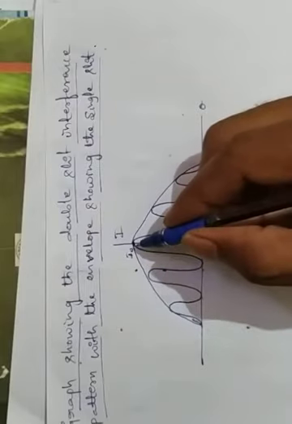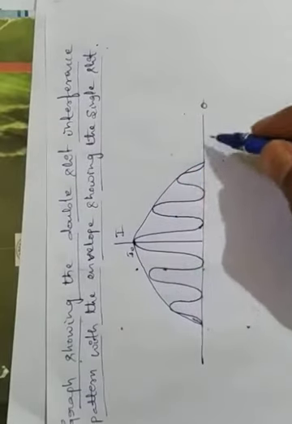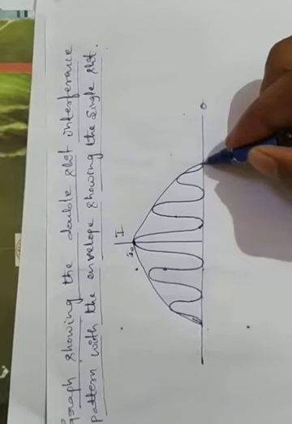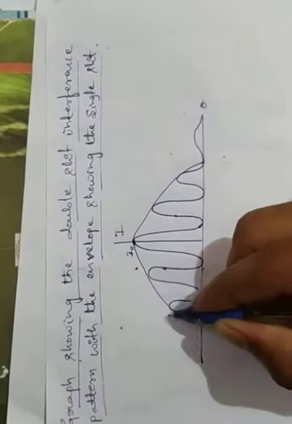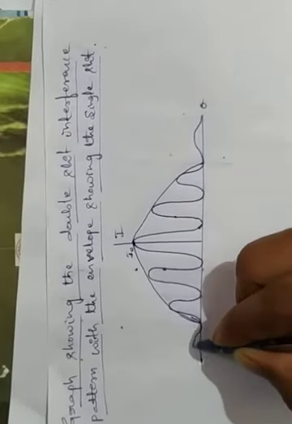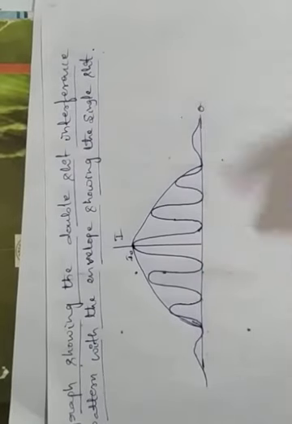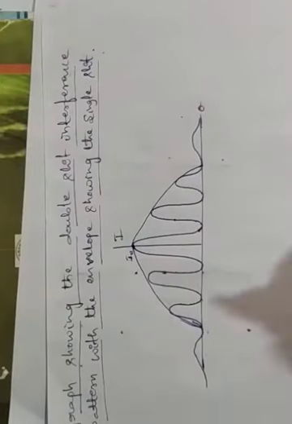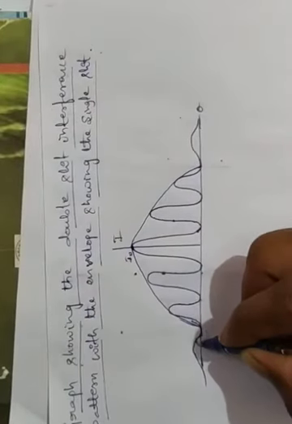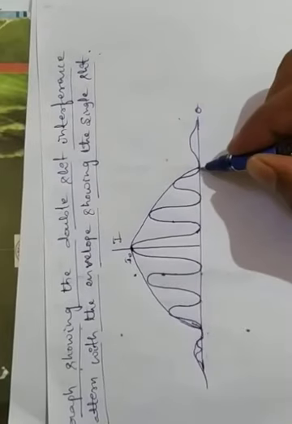I have drawn the envelope for this. So like this it forms. At the center position it is very bright, and on either side the brightness we get is very small like this. So we get the pattern.